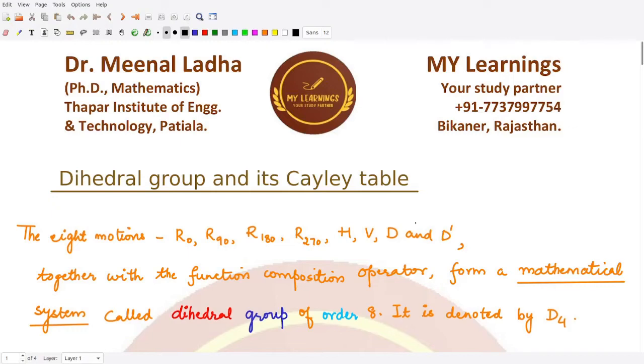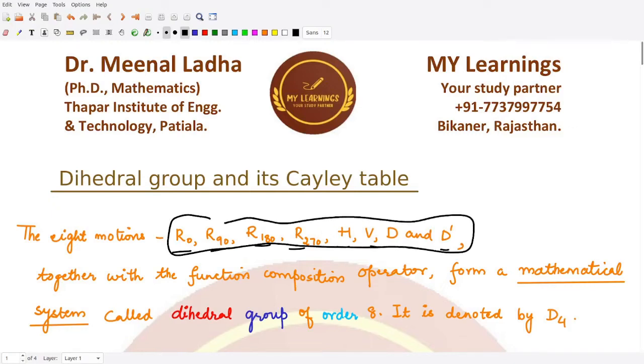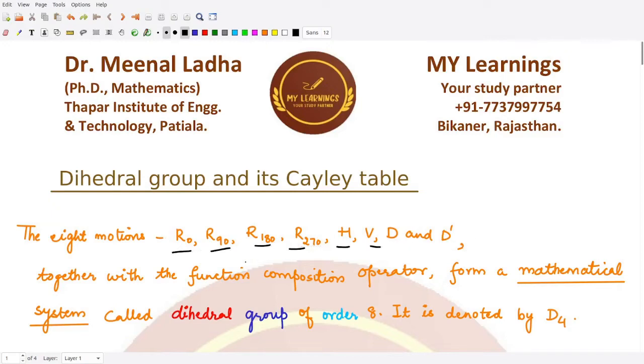So in the previous video you saw that for a given square we have 8 operations which are defined in this manner, correct? And if we take all of these operations together and make a set which contains all these operations, then take the function composition operator, what is the function composition operator?